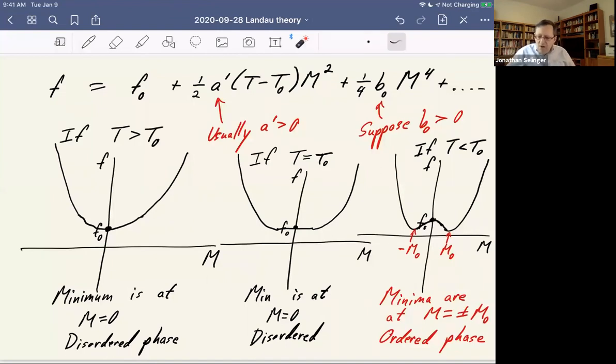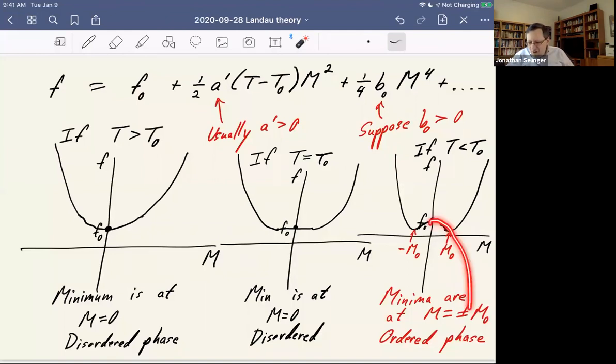Okay, now, why did I include the m to the fourth term, right? That was another question. You can see what would have happened if I didn't include the m to the fourth term. Right? If I didn't include it, then this function would go down and it would just keep on going down on both sides.